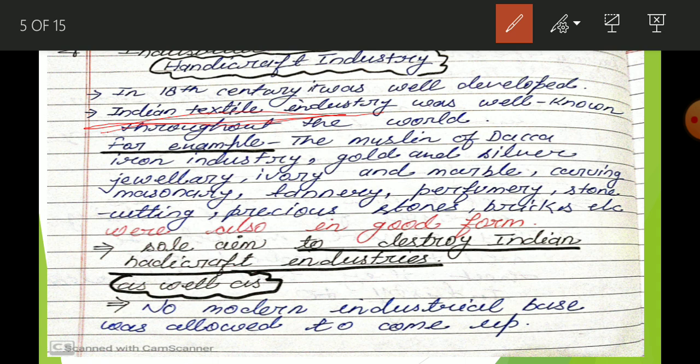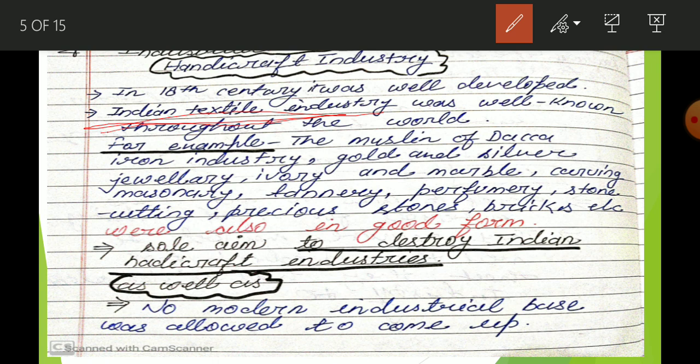So in this way you can understand handicraft industry was world famous. It was the pride of our country. India was known for its handicraft, which had very fine quality and finishing. In this way the handicraft products were the pride of our country.